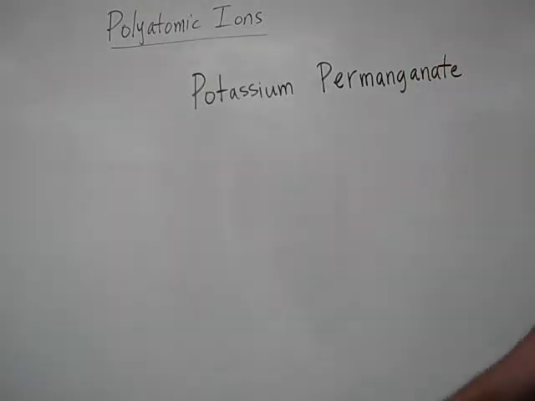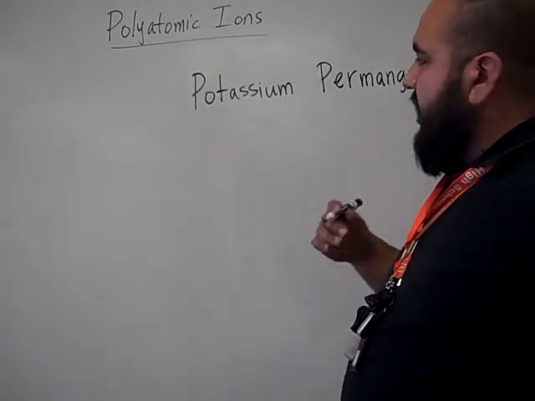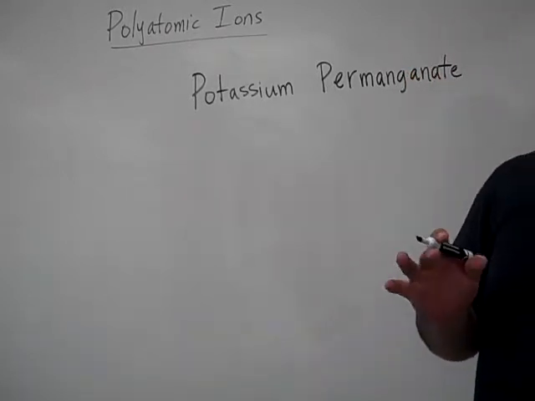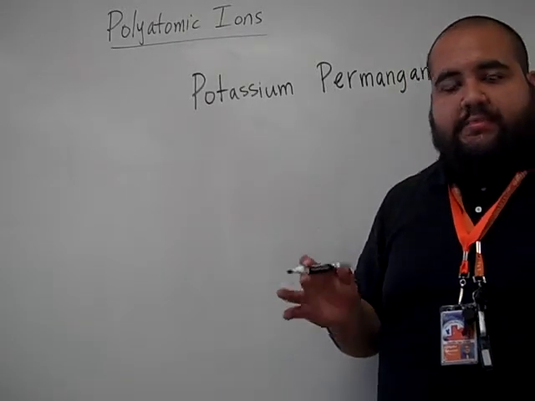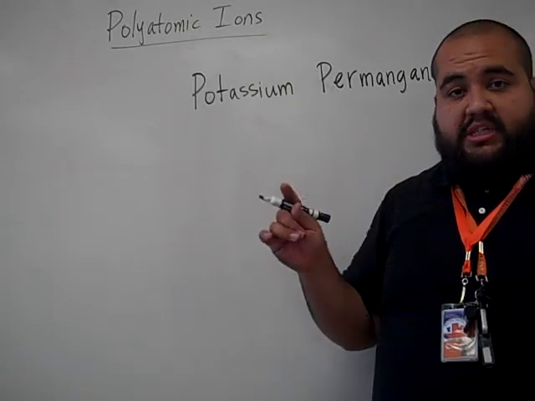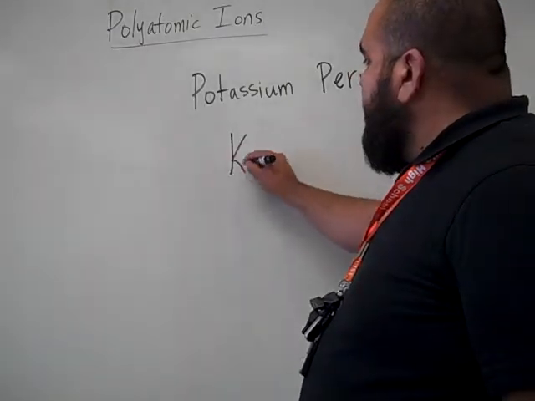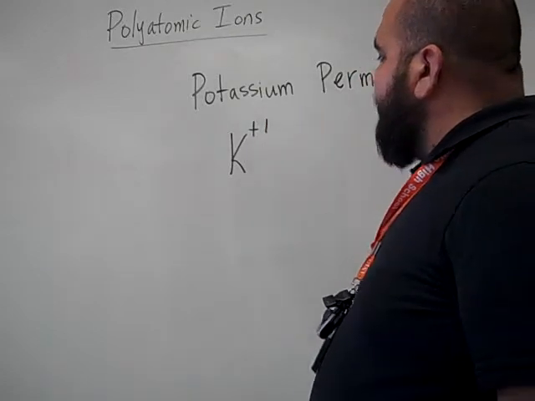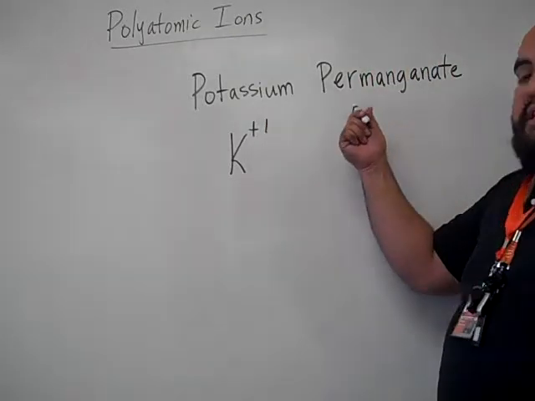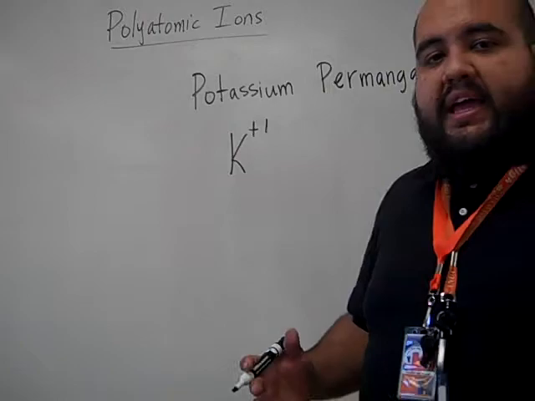We know what potassium looks like. So what we're going to do is find elemental potassium and add the oxidation charge at the top, the charge on the periodic table. So it's going to be K +1.